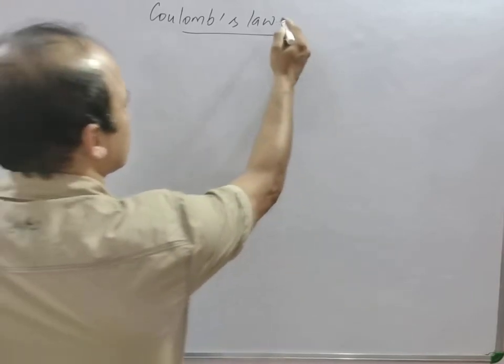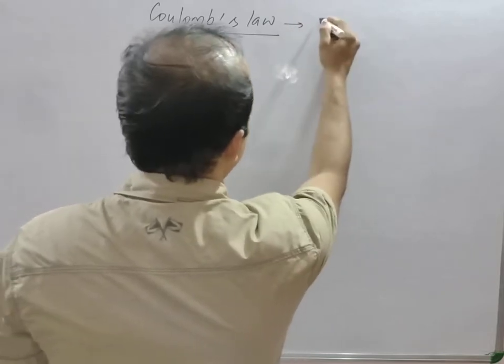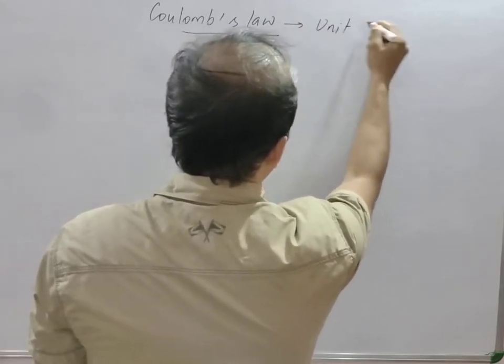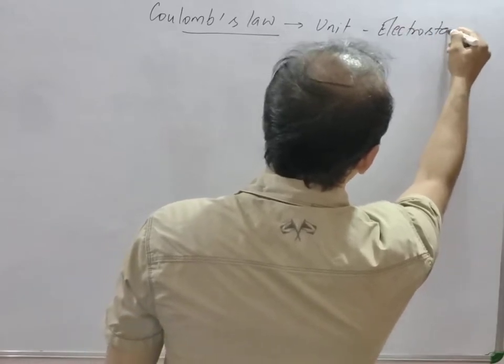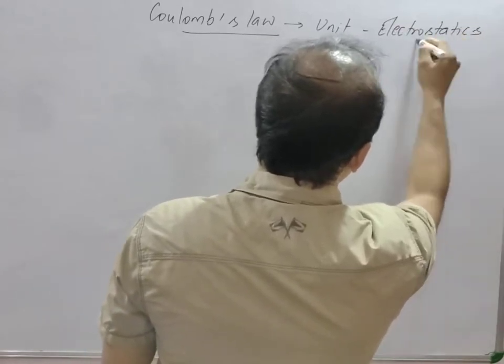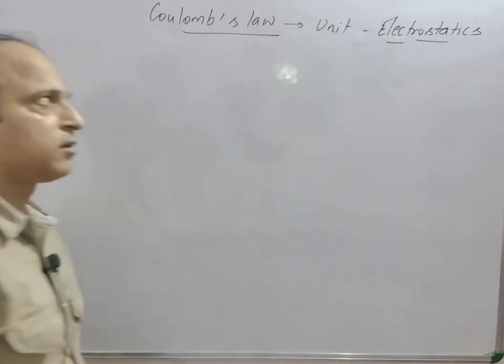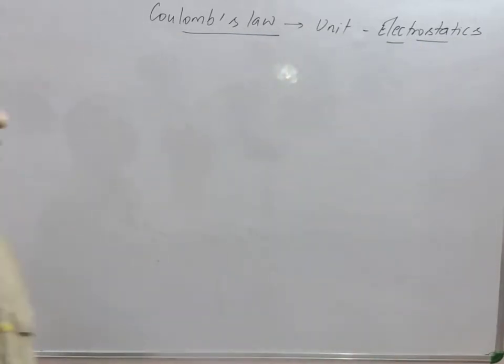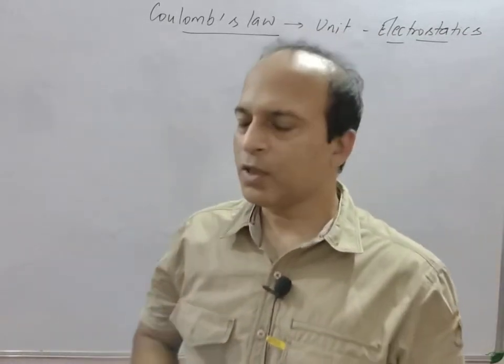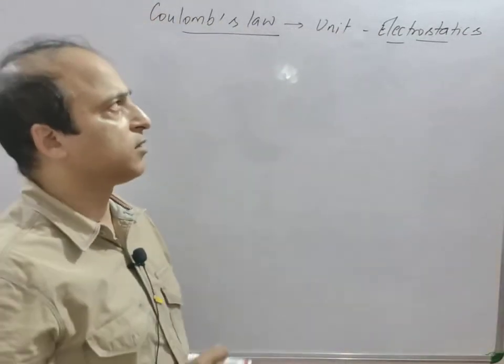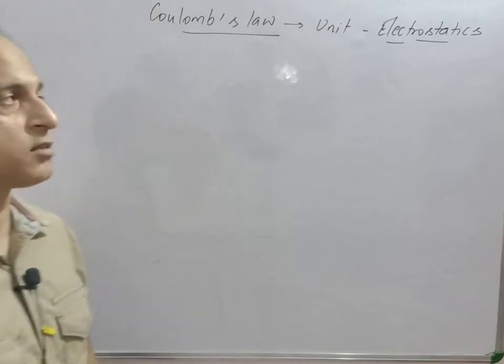Now Coulomb's law is your first subtopic in the unit electrostatics. When we are talking about electrostatics, we are talking about electrical charges. Electrostatics is composed of two words, electro and statics. The electro means we are referring to charges.